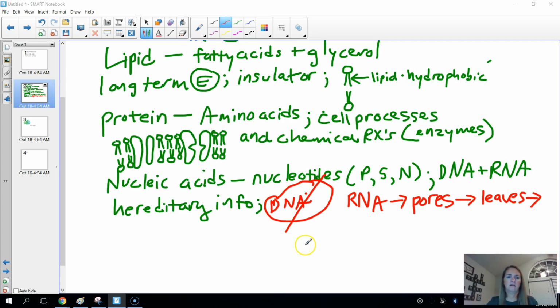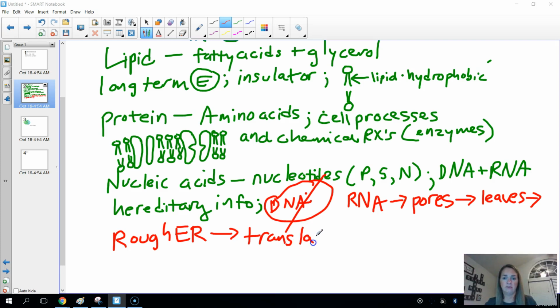And then it goes to the rough ER. So the endoplasmic reticulum will take that message and translate it into a protein, kind of like translating language.